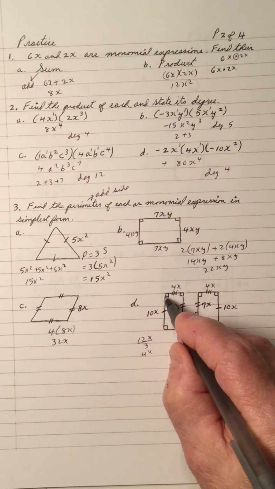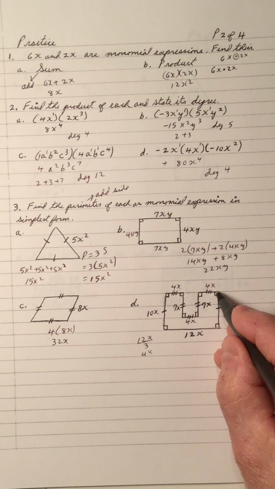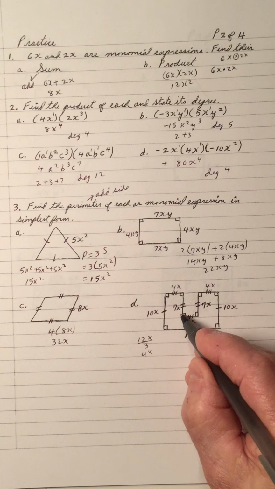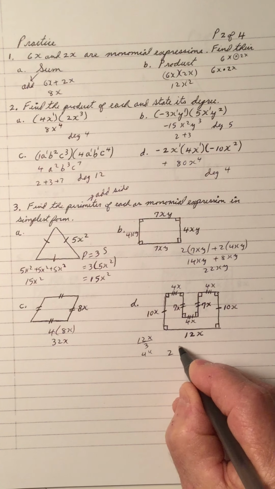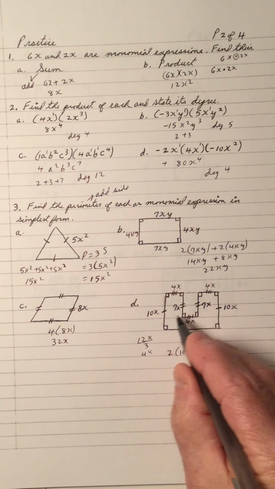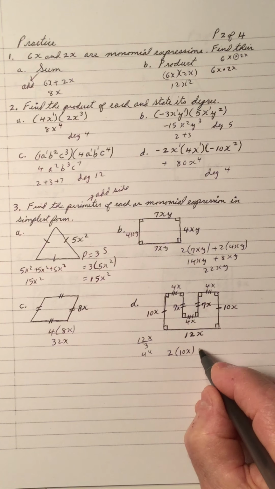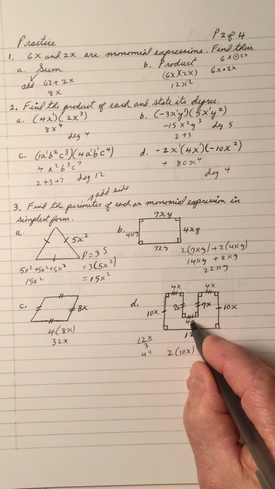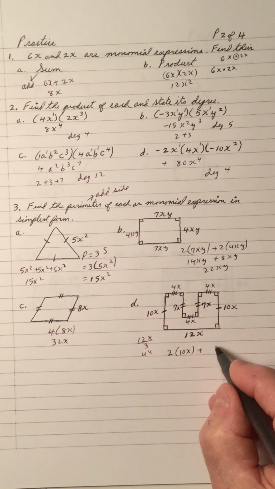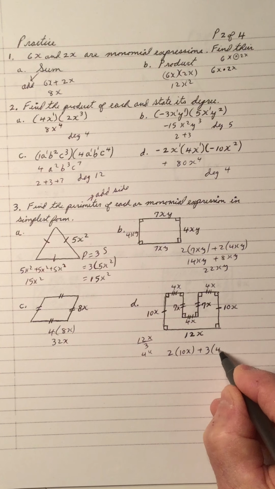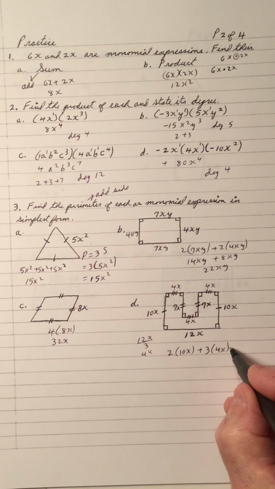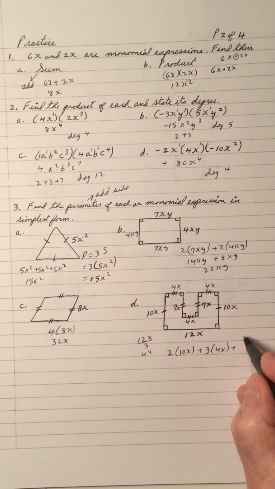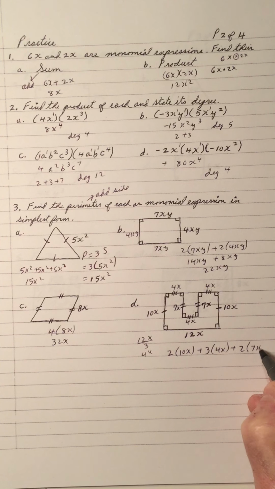Now the perimeter is go all the way around as if you're walking around it and work these out. So I have 2 10x's, 3 4x's, and 2 7x's.